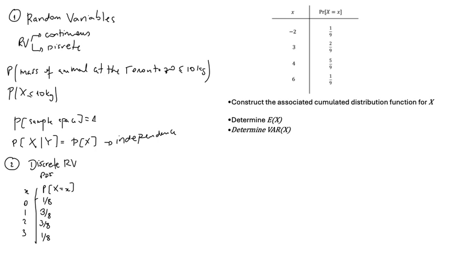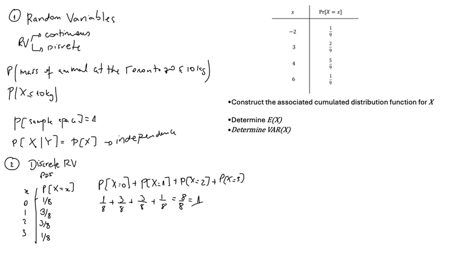So if you sum up all of this, this is the first property of the PDF that we have to remember. The probability of X being 0 is 1/8. The probability of X being 1 is 3/8. The probability of X being 2 is 3/8. The probability of X being 3 is 1/8. This is 8/8. This is equal to 1. All PDFs have to sum up to 1, okay?